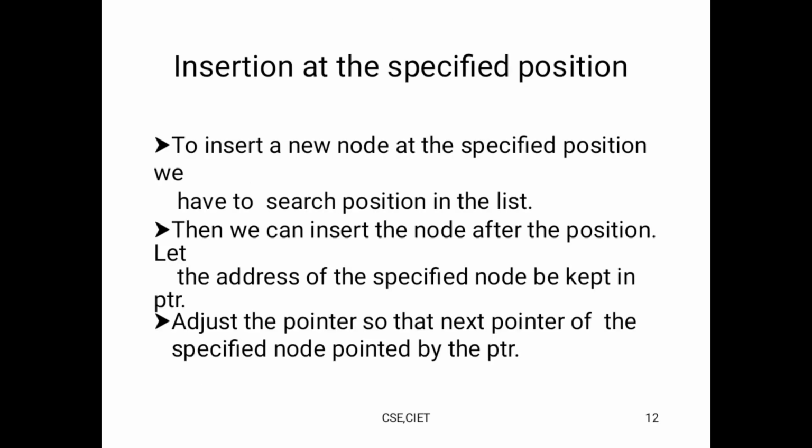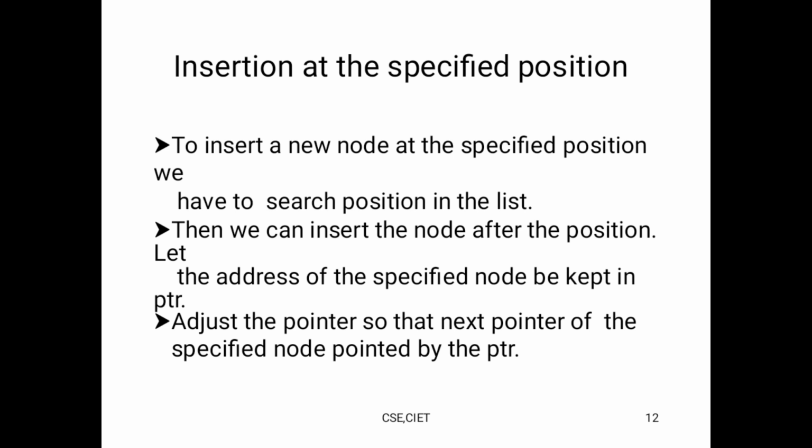The next one is the insertion at a specified position. If you want to insert a new node at a specified position, we have to search for the position in the list, where we have to insert that particular element. Then we can insert that node after the position. Let the address of the specified node be kept in PTR.